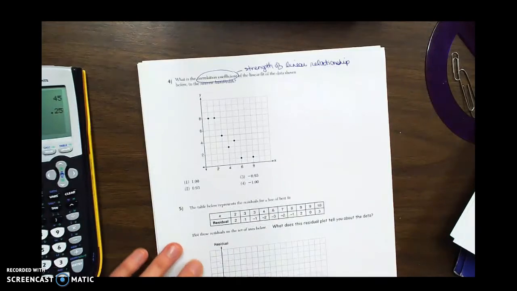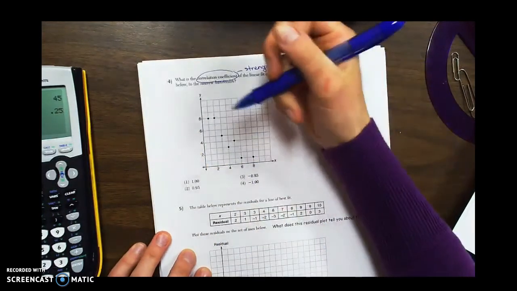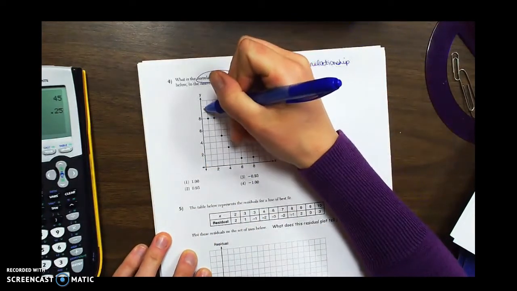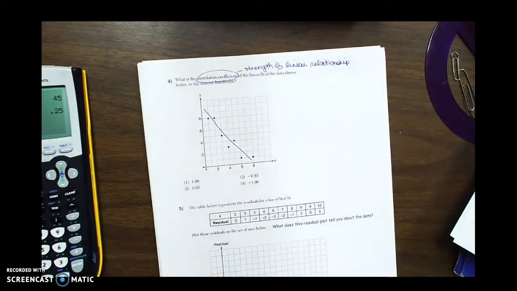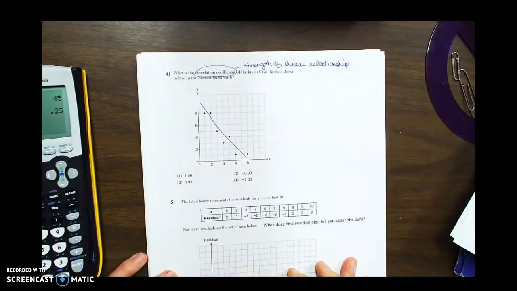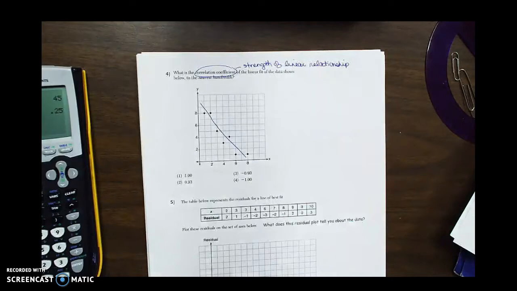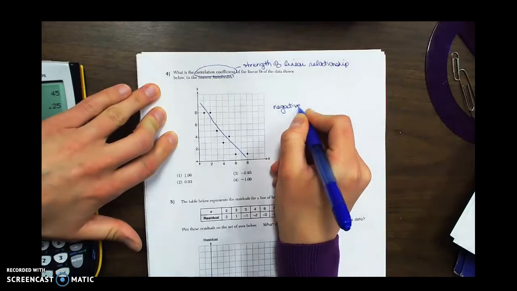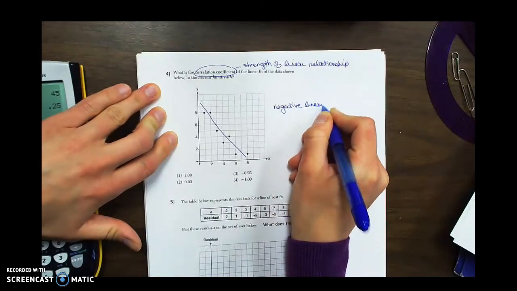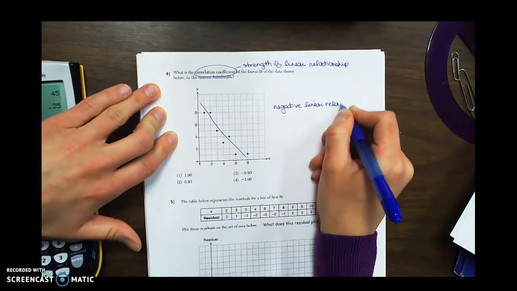So if I take a look here at this scatter plot, I can see that there seems to be a relationship, and it looks like my data is going in a downward pattern. So it looks like I'm going to have a negative relationship here. So that means I'm going to have a negative linear relationship.